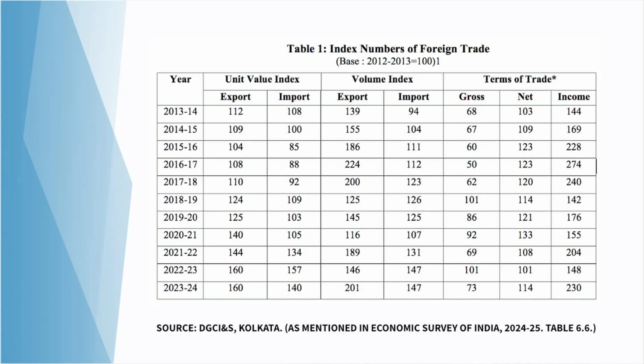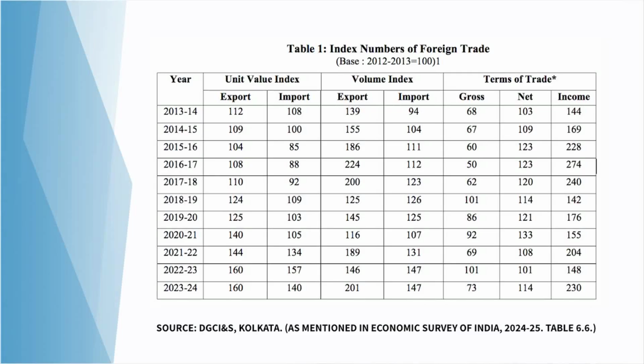The gross terms of trade index fluctuated, peaking at 116 in 2020-21 and projected to reach 201 in 2023-24. This improvement suggests that the country is obtaining more value from its exports relative to imports. The net terms of trade index showed a slight decline from 68 in 2013-14 to a projected 73 in 2023-24, indicating challenges in achieving favorable trade conditions despite improvements in purchasing power.